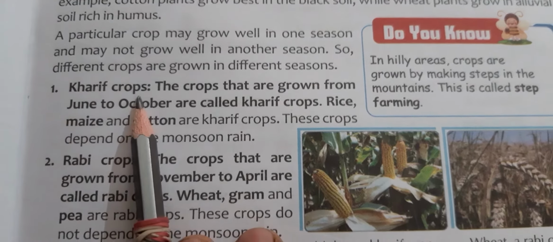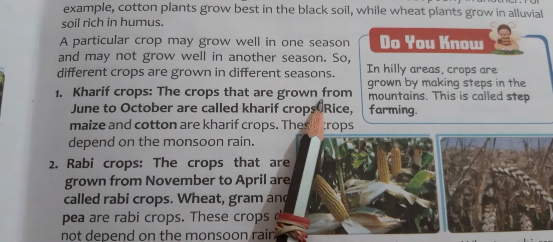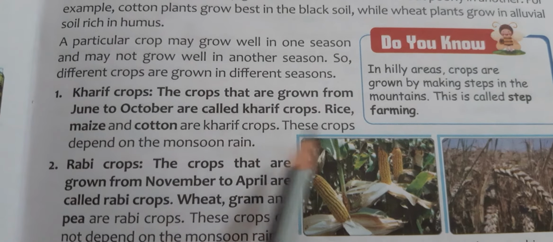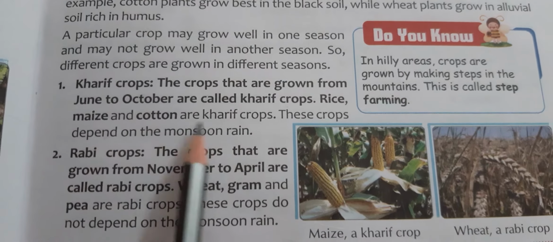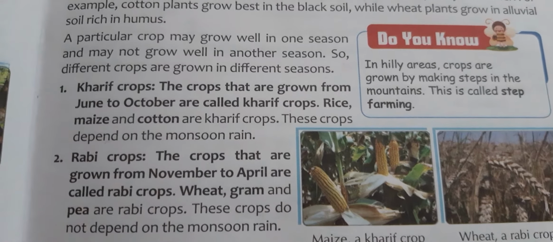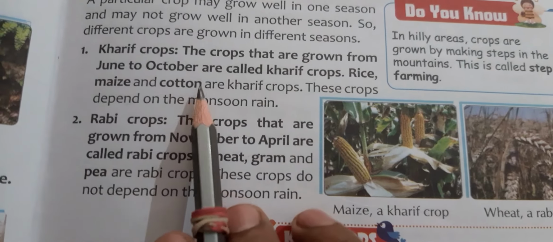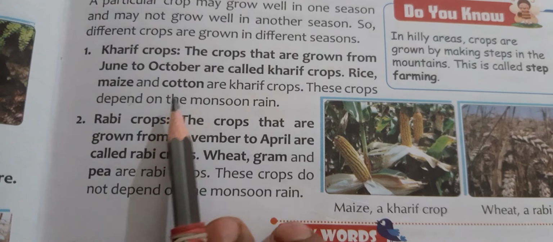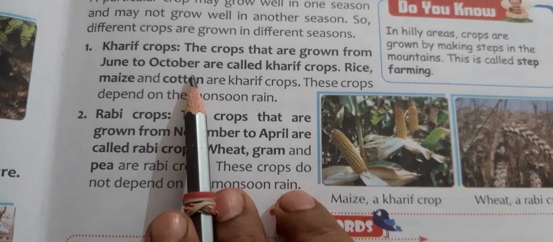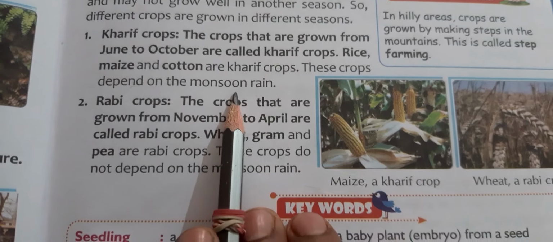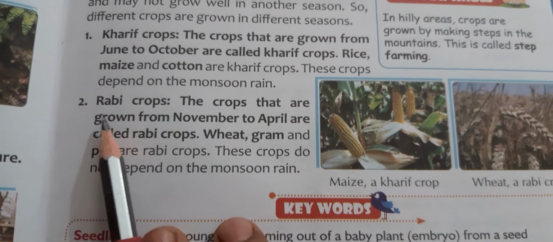One is called the kharif crop, that grows from June to October, like rice, maize, cotton. These are the kharif crops. They grow mostly in June to October months when there is good monsoon rain.